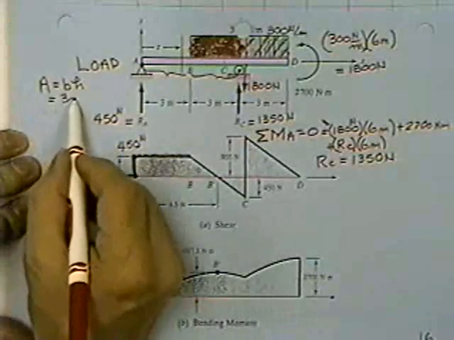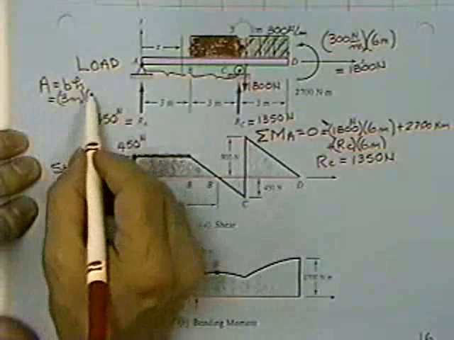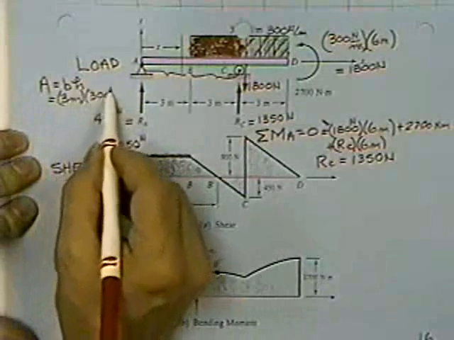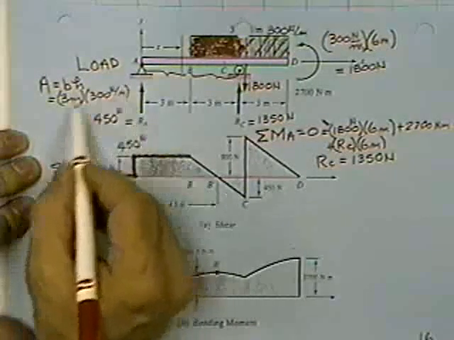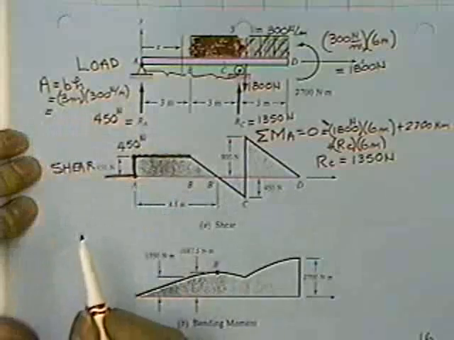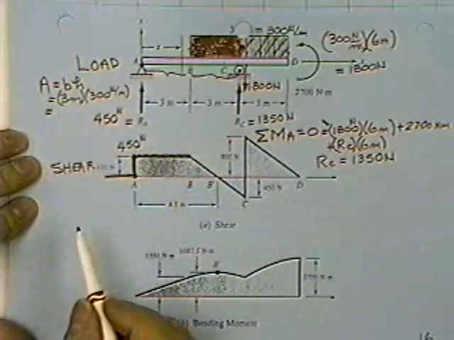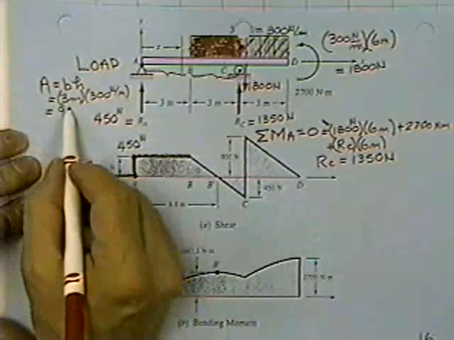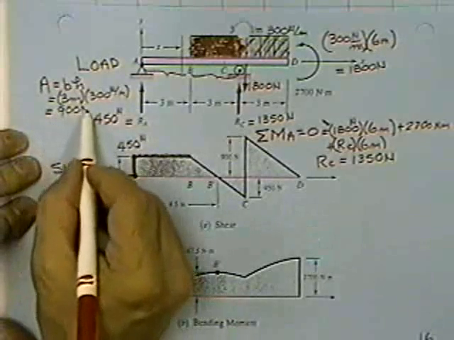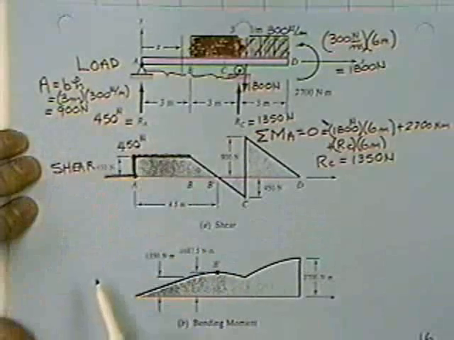Its base is 3 meters across. Its height is 300 newtons per meter. And therefore, that block is actually nothing but a bunch of sandbags, and there are 900 newtons worth of sand in those bags.